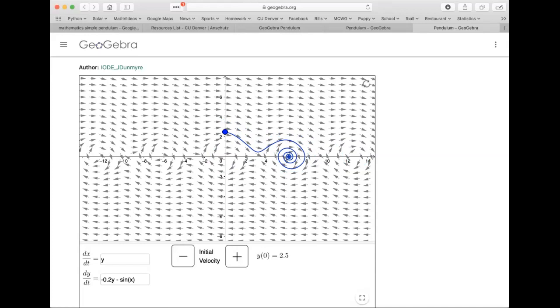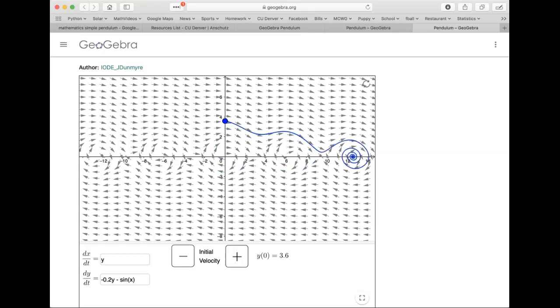So one thing we can observe is that the velocity needs to be bigger than 2.4, because when we had it at 2.4, it didn't go all the way around. When we make it bigger than 2.4, we've given it enough velocity that it's going to flip all the way around. But if we give it too much velocity, it's going to go around more than just one time. And we can see that happens right there.